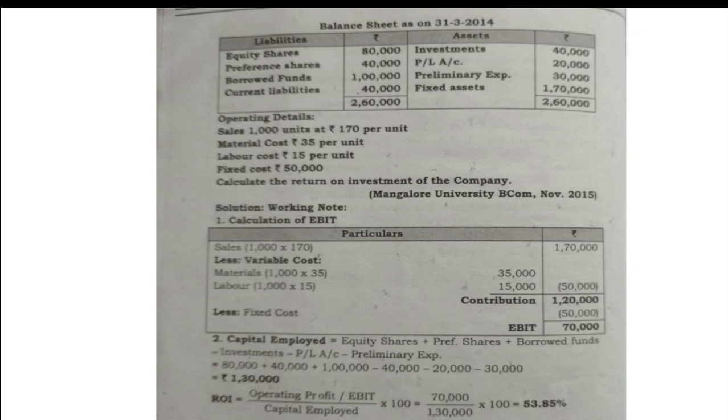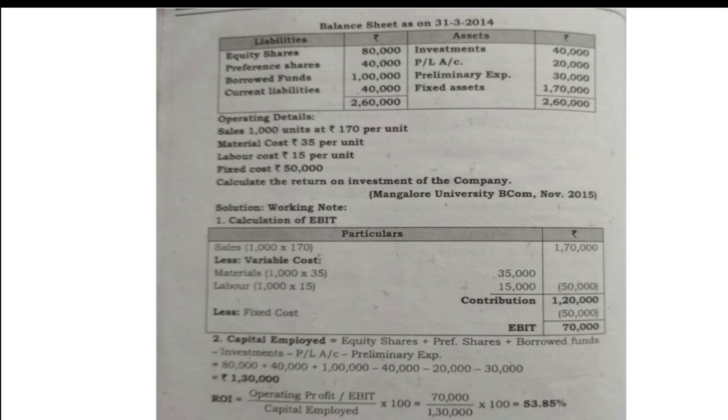Labor cost also varies according to the sales. In the question they have given labor cost rupees 15 per unit, multiplied by the total 1,000 units sold, so 1,000 into 15, total 15,000.